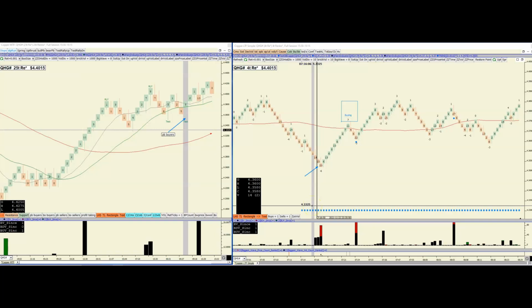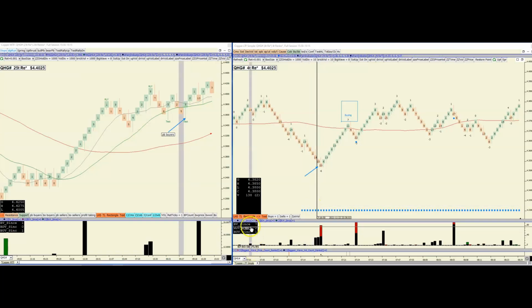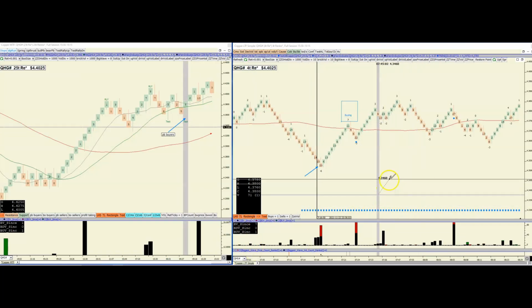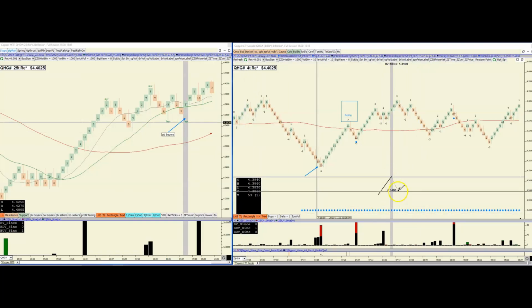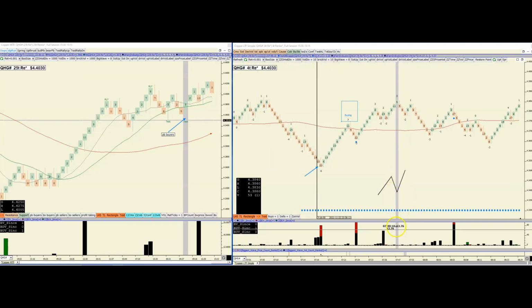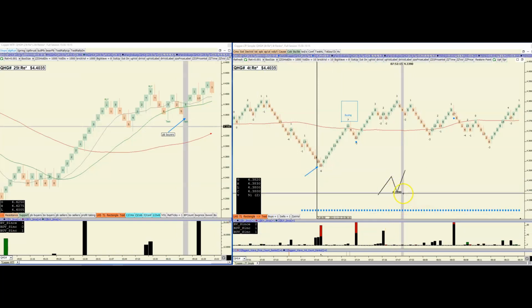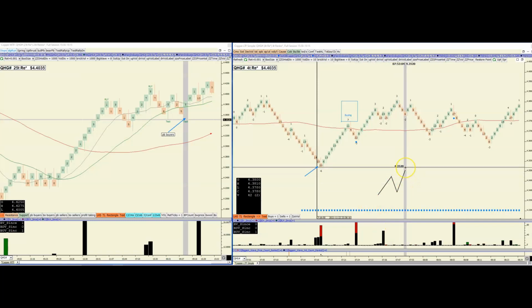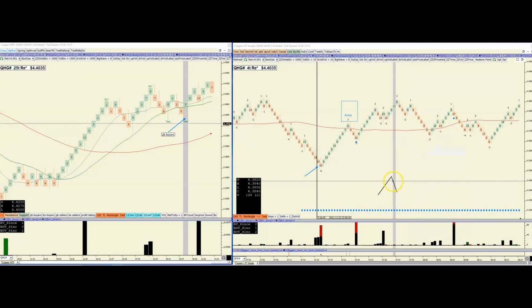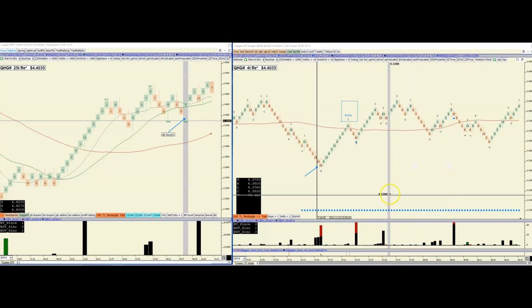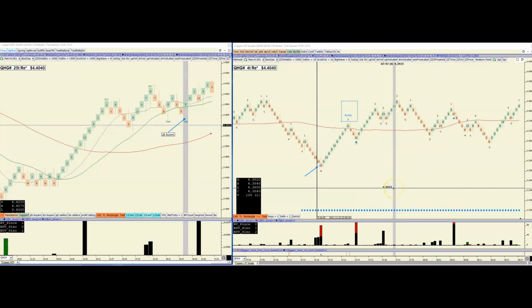What you'll see most of the time is, you reach a level and then you want to see a break of structure on a lower time frame. Oh, it broke structure or broke trend or whatever. But that by itself is not high probability.